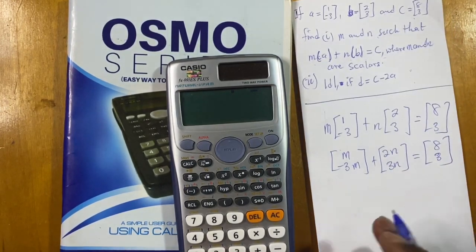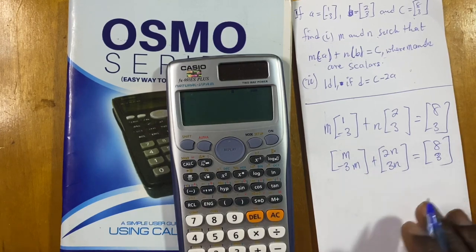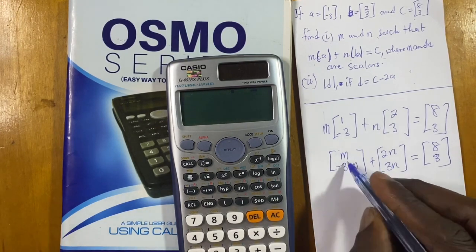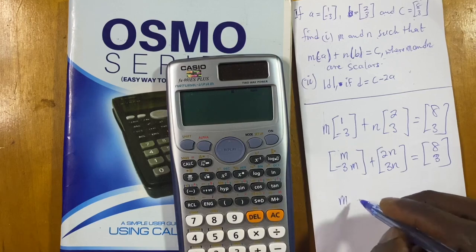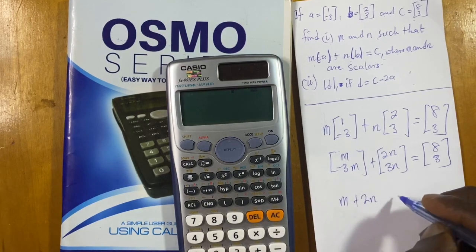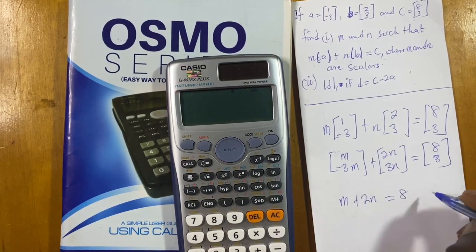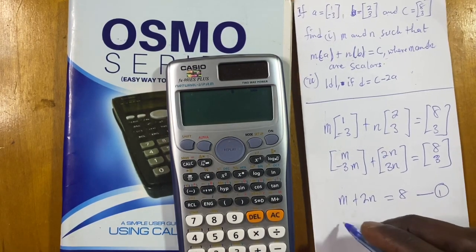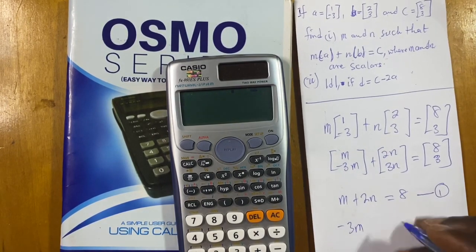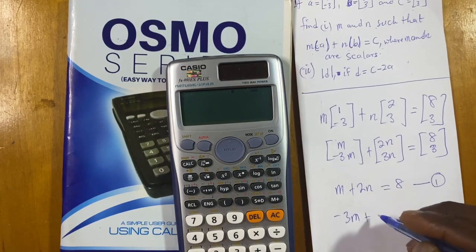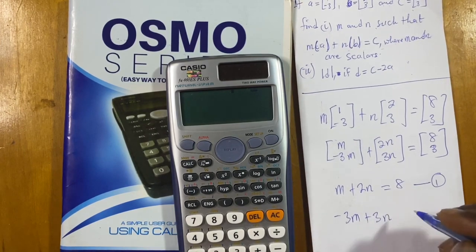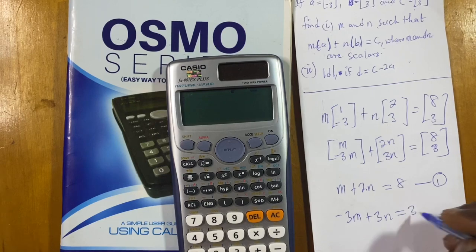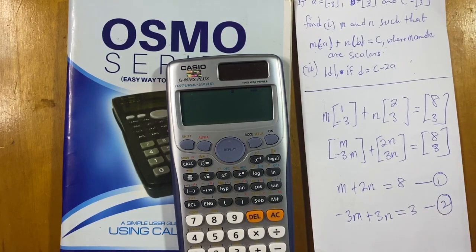Now we can take them simply, so that we have M plus 2N equal to 8. We can name this equation 1. Then we can take the second one as -3M plus 3N equal to 3. We can take this as equation 2.